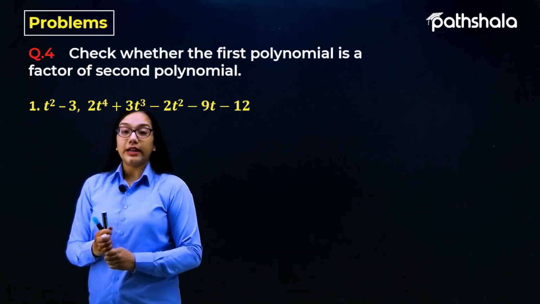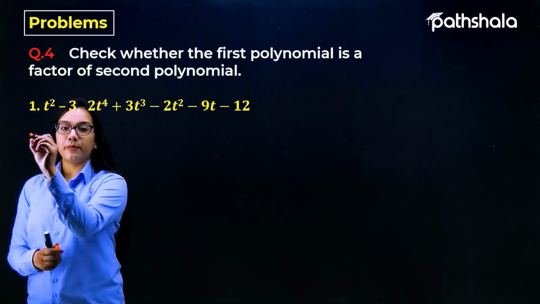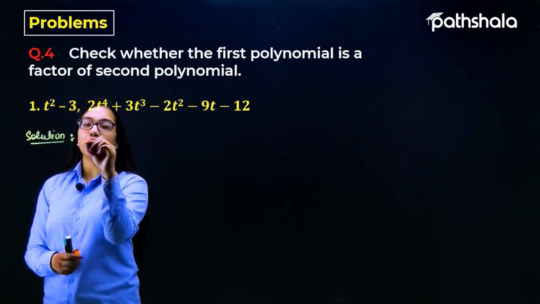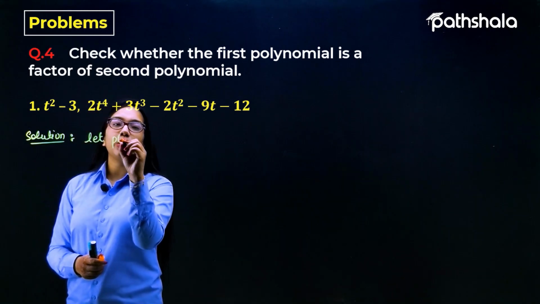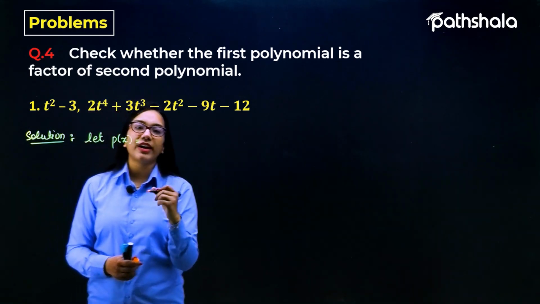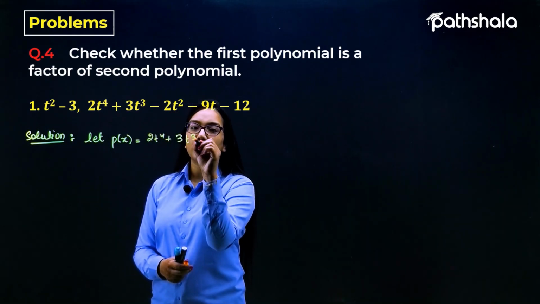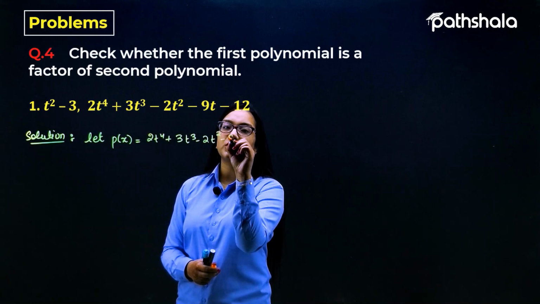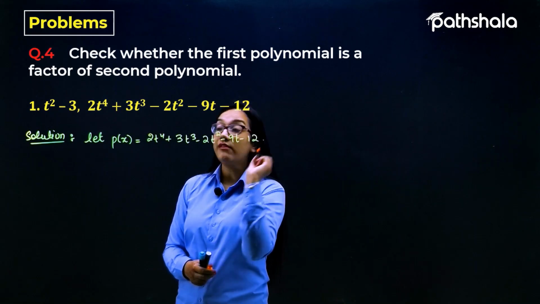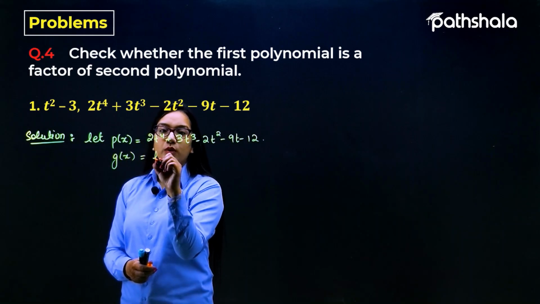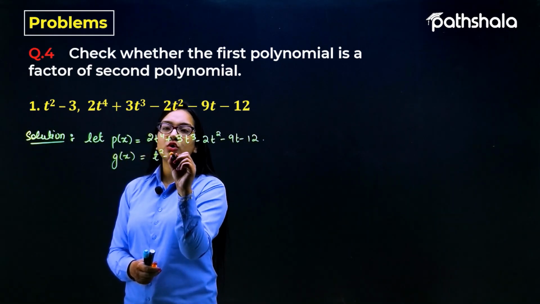So first of all, let us suppose we are taking the solution, and I am supposing this polynomial as p of x. So p of x is 2t raised to the power 4 plus 3t cube minus 2t square minus 9t minus 12, and I am taking the other polynomial as g of x, which is equal to t square minus 3.